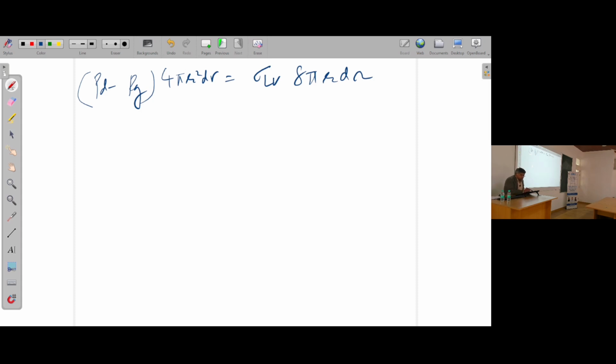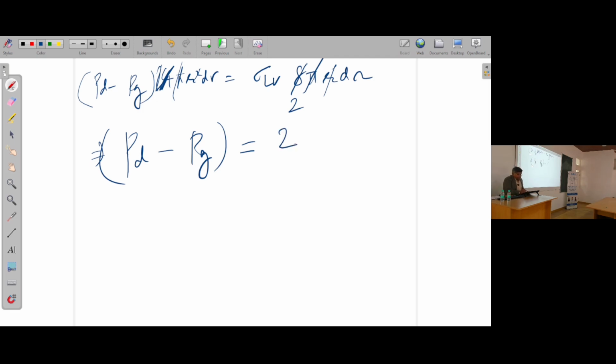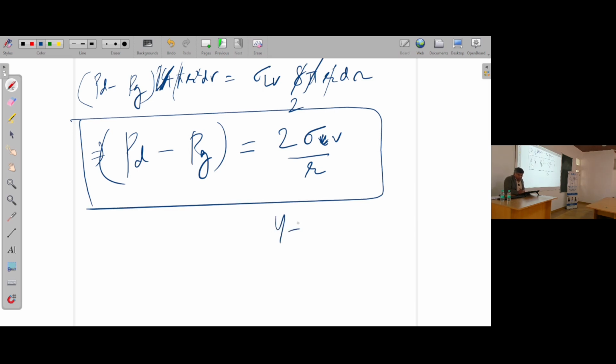You can see that several terms will get cancelled. There is a 2 sitting here, and pi will also get cancelled. So you would simply be getting P drop minus P gas equal to 2 sigma LV by R. This is the so-called Young-Laplace equation.